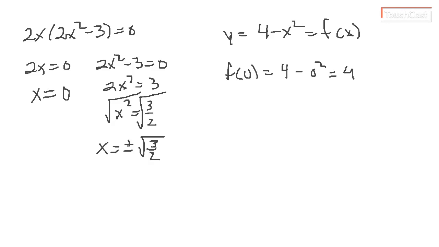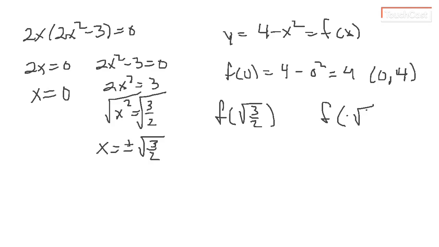That's 4. And that's fine, so we've got a point at 0, 4, but that would be the same line then. So we're not going to use that. We're going to go and put in those square root of 3 over 2's. So we're going to find f of the positive square root of 3 over 2 and f of the negative square root of 3 over 2.